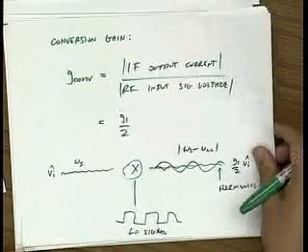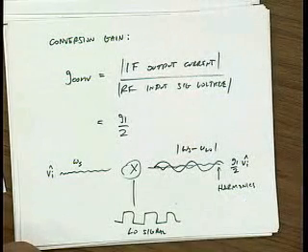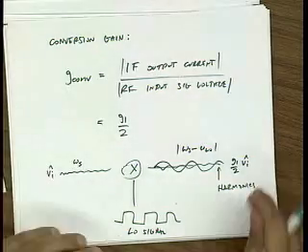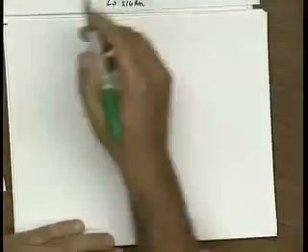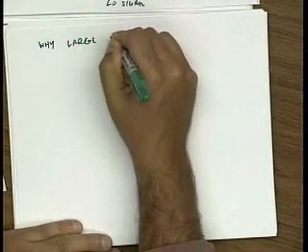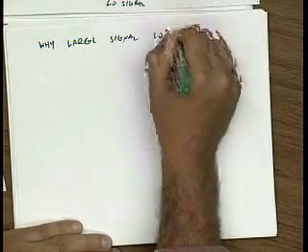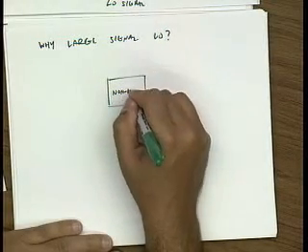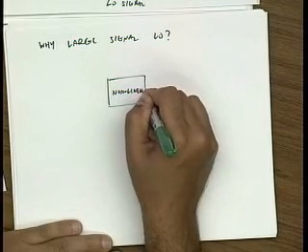Yes? One question. Why does the mixer have to be pumped with a large signal oscillator? What if it's much smaller? That's actually a very good question. Why a large signal LO? Well, actually, I can have any arbitrary nonlinearity.